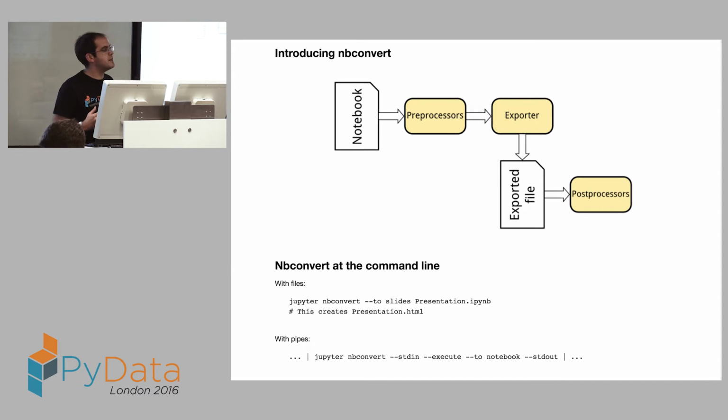Exporters are what actually turn that notebook object into some other format, whether that's HTML or LaTeX or restructured text. And then post-processors are additional functions that act on the exported file after it's been converted.